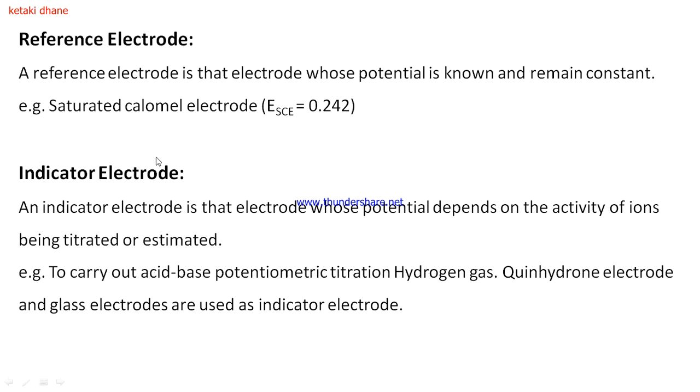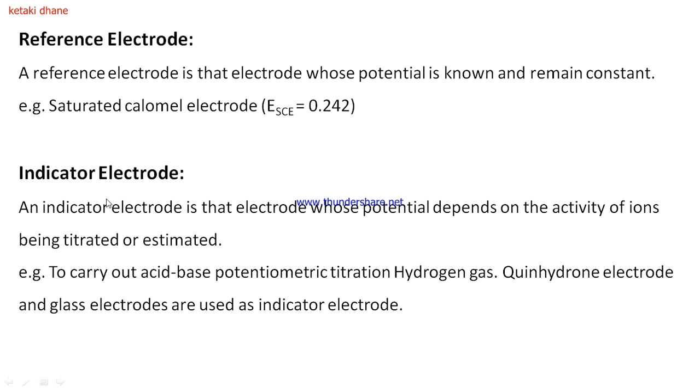In the case of an indicator electrode, the potential is not constant and is not already known to us. It is determined during the reaction and depends on what type of reaction or titration is going on in the reaction mixture.